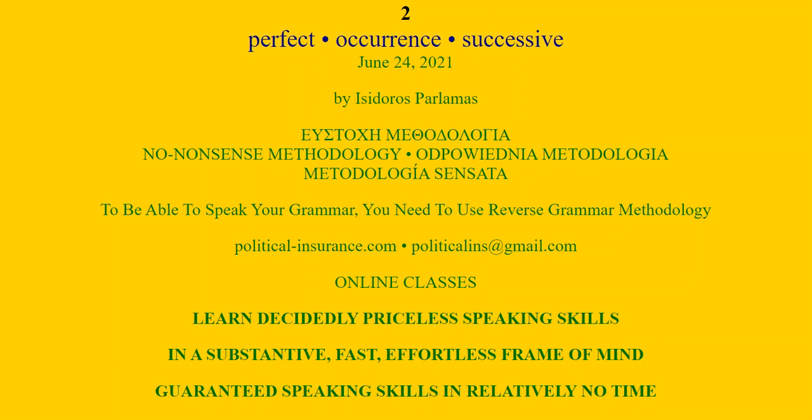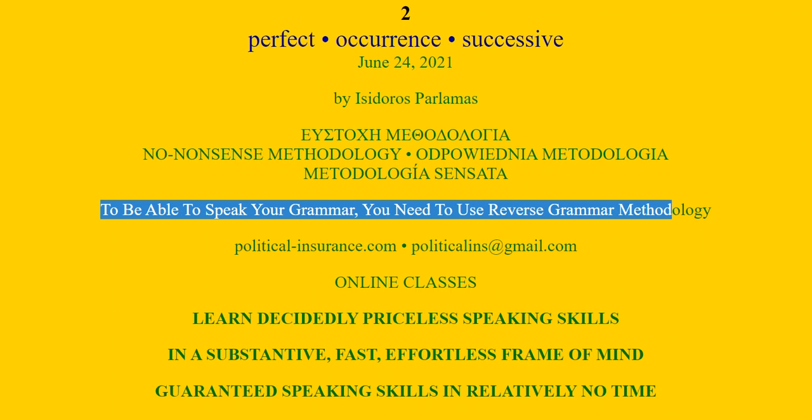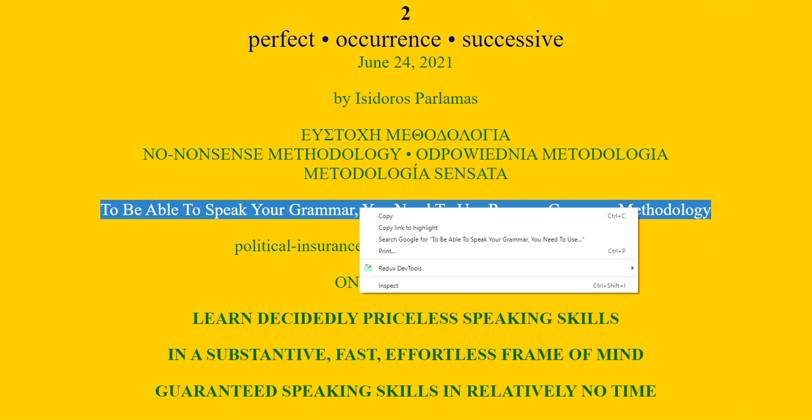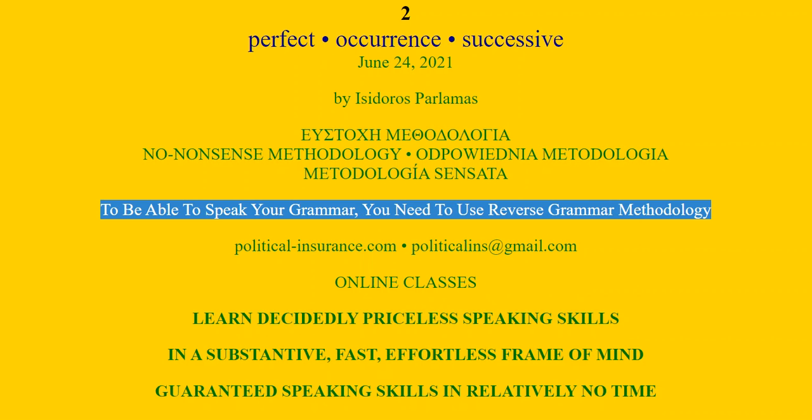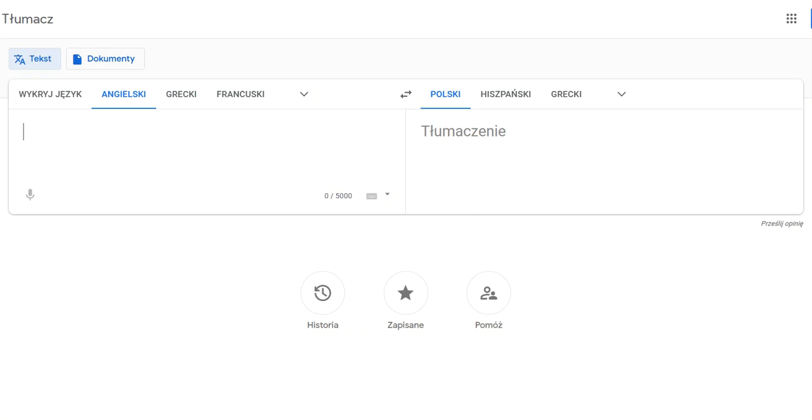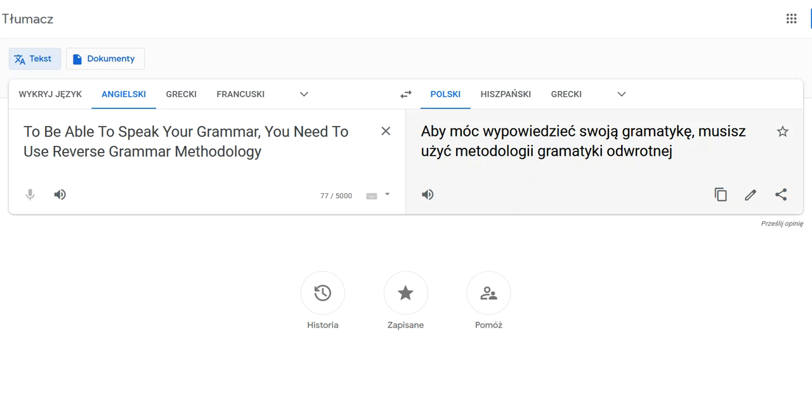It's a no-nonsense methodology. Now this is important to translate, okay? To be able to speak your grammar, you need to use reverse grammar methodology. We're going to go into depth in reverse grammar, but not in this video, in future videos. And let's take a look at the translation, okay?